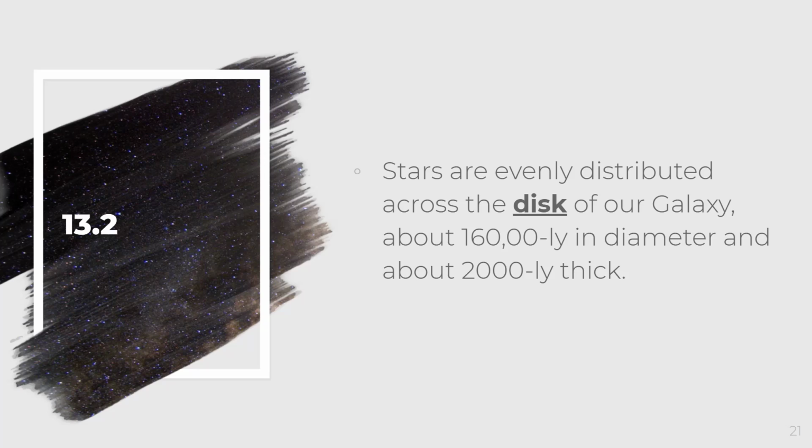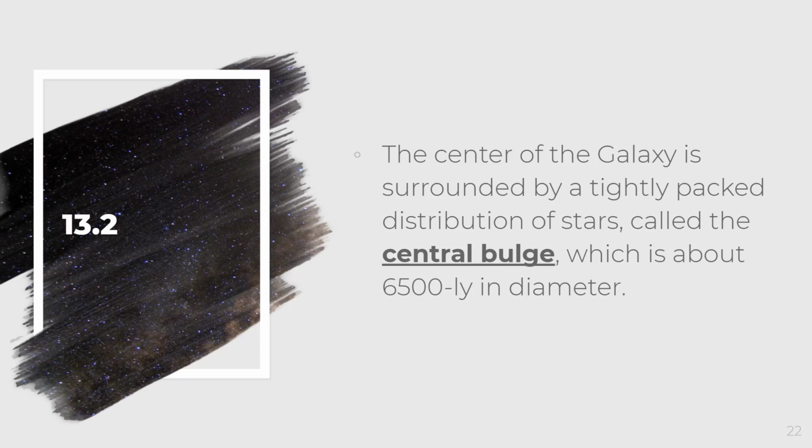Putting this through a couple of math and theorems that we're not going to go into altogether, we realize that the stars in our galaxy are evenly distributed across the disk. And that disk is about 160,000 light years in diameter and about 2,000 light years thick. The center of our galaxy is surrounded by a tightly packed distribution of stars called the central bulge, which is about 6,500 light years in diameter.